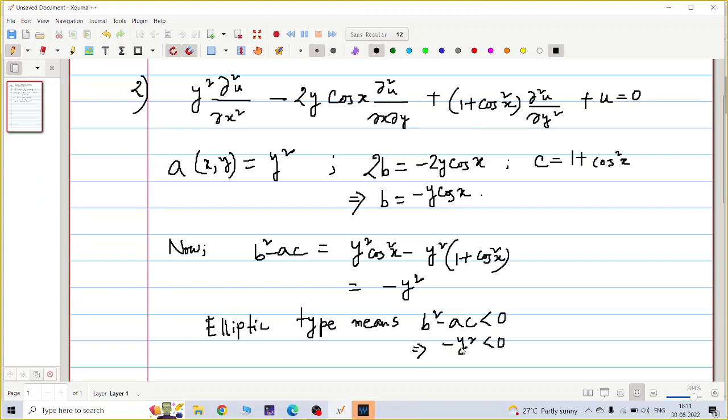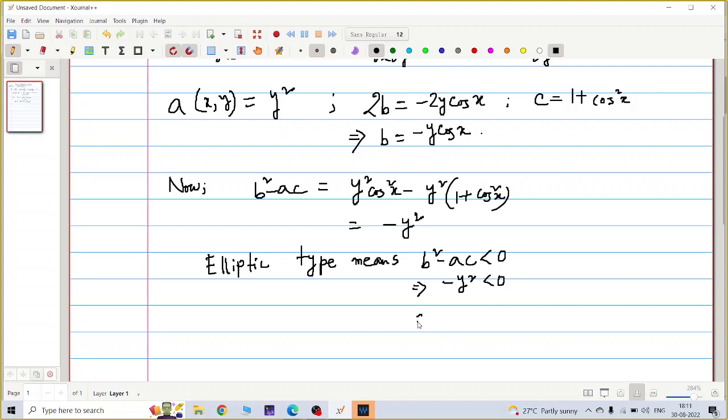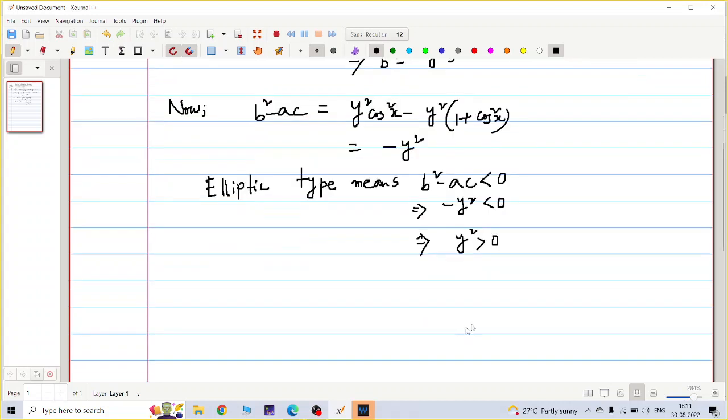So this means y square is positive. When will this happen?